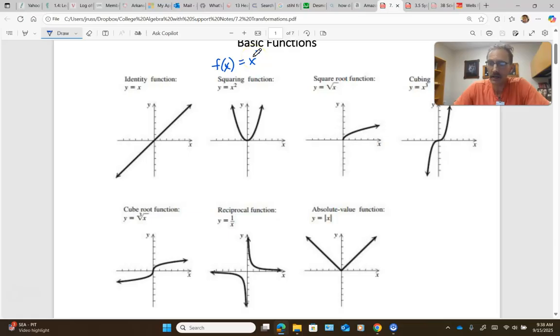Well, x squared, that is your most basic quadratic function. It gives you a parabola that's centered right at the origin, or right in the middle. Now when we start modifying this, like if I were to add a number out here, then I would be performing a transformation on this basic function. And I want to give you an example.